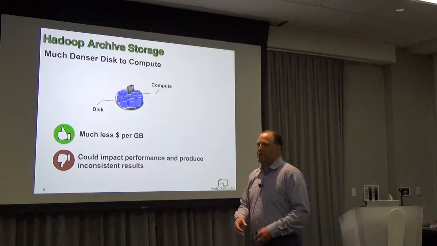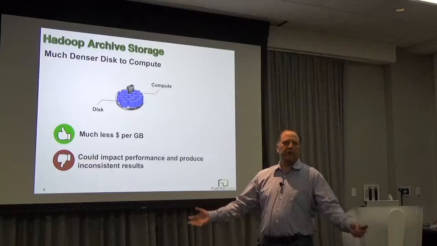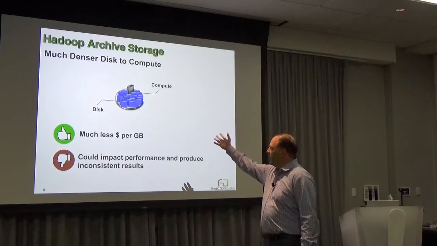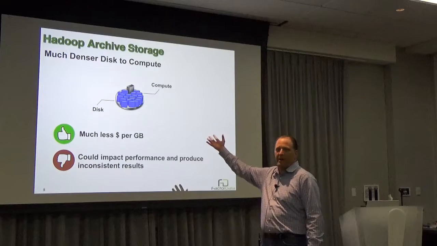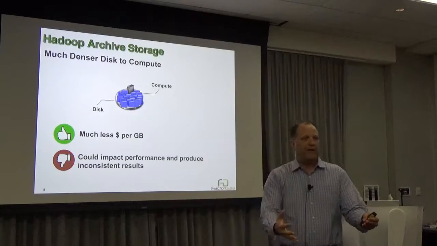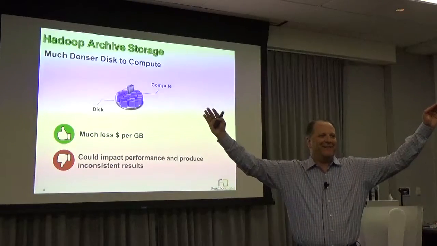So if you were just taking the built-in function of Hadoop and you were putting a new SKU in your environment, and you said, hey, I want to save the most amount of money on disk I can, I'm just going to make these really dense nodes and put them in the cluster. Well, guess what? It's all transparent, remember, to the application and user.